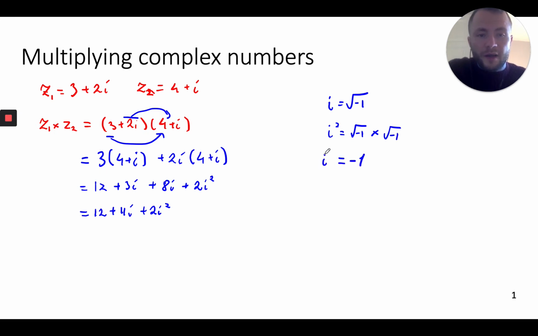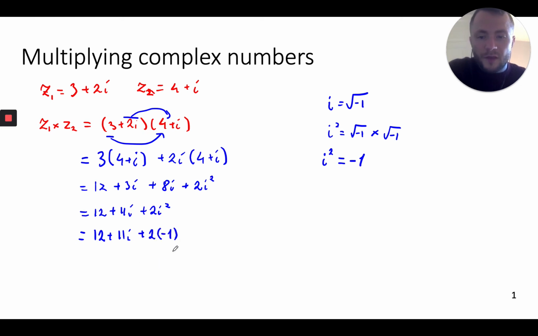So wherever I see i squared in my operation, I'm going to replace it with minus 1.